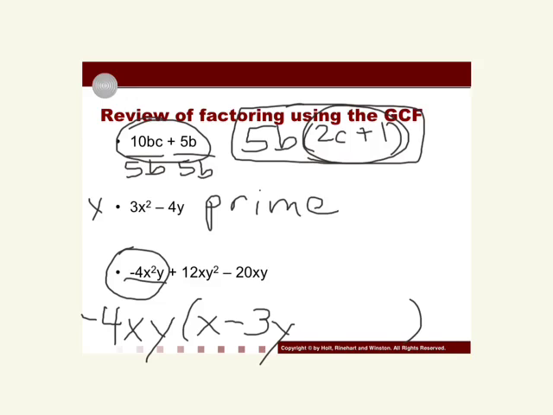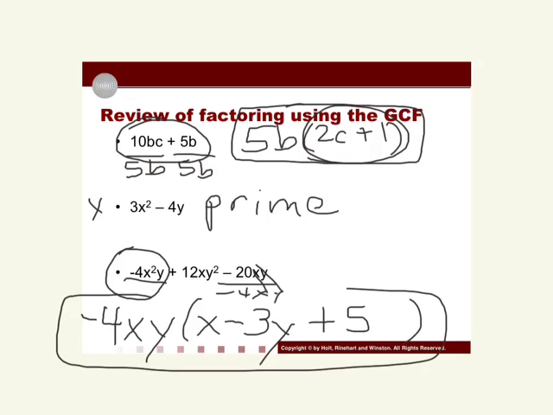On the last term, a negative 20 divided by a negative 4 would be a positive 5, and the variables would divide out. Because again, we're dividing by the negative 4xy, so the y's divide out, the x's divide out, and negative 20 divided by negative 4 is a positive 5. And so now we have our final answer. So notice, because I factored out the negative, every sign changed inside the parentheses.